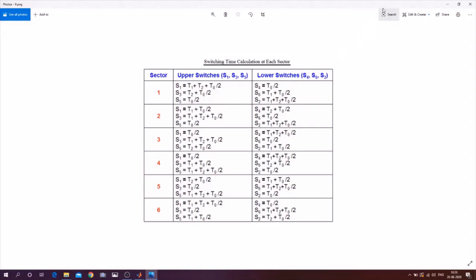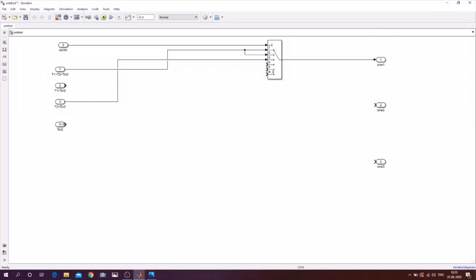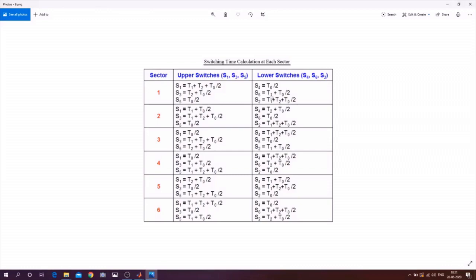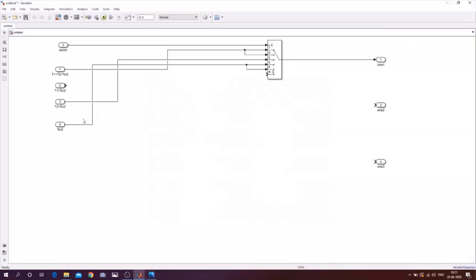So T0 by 2 will be connected in 4 and also in 5. And switch 6 is having T1 plus T0 by 2, so this will be connected to switch 6. Now this will contribute to form our first sine wave.